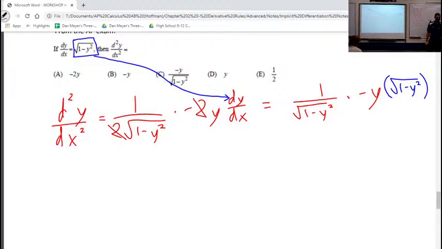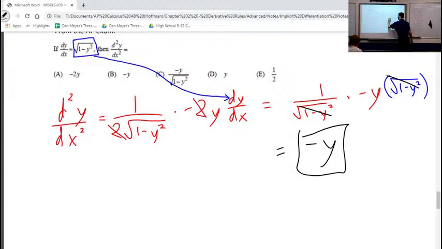What happens? How are we going to simplify this? Those cancel. Boom. Questions on that? All right.